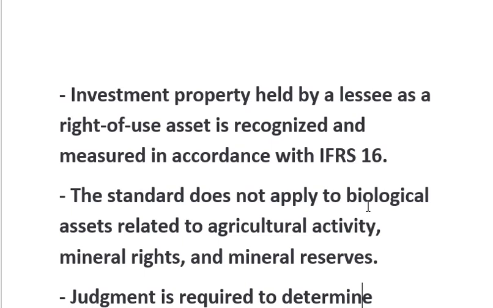For you to calculate the value of your investment property, initially you measure it at the historical cost. That is the cost at which that investment property was gotten. That is for year 1. And then for year 2 upward, which is subsequent measurement, you use either the fair value approach or the cost model approach.